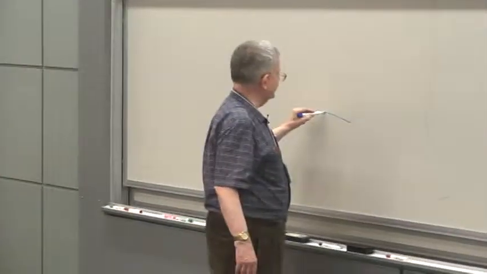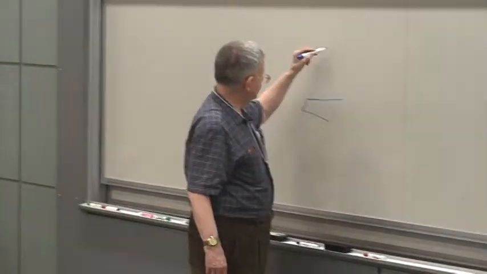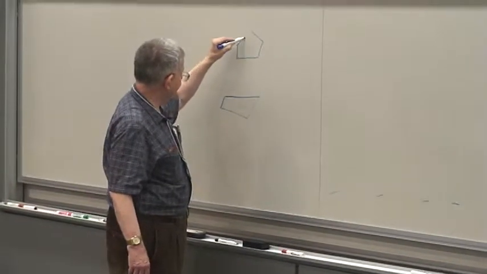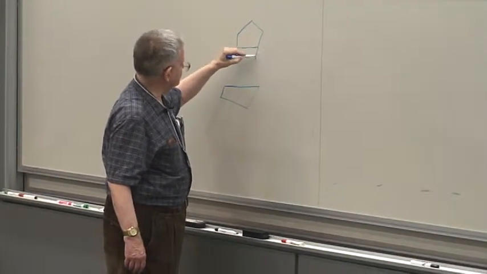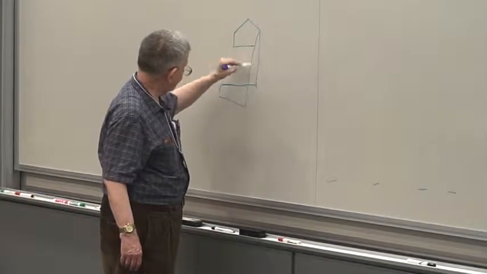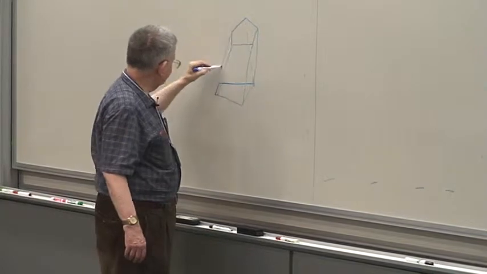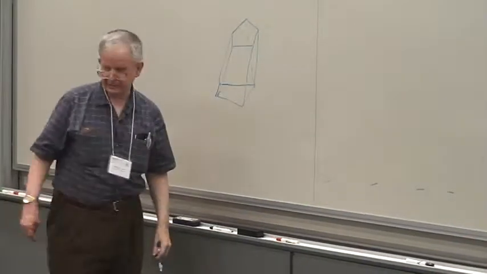Now there's an extension of that. We take a polygon. We take another polygon in a plane parallel to it. And we connect the vertices, however you want to do it.